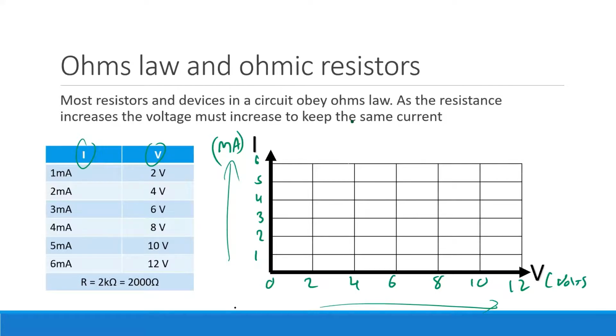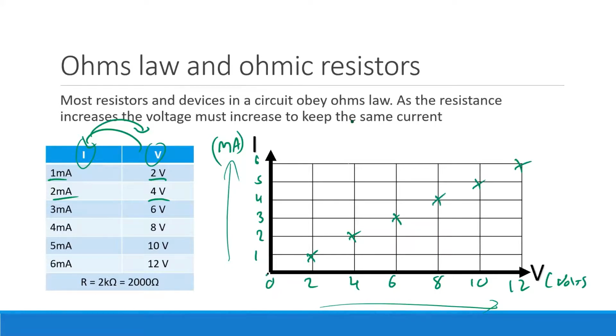And if we were to plot this, we would see that for 2 volts, we have 1 milliamp. For 4 volts, we have 2 milliamps. These really should be the other way around, but there's another 6, 8, 10.